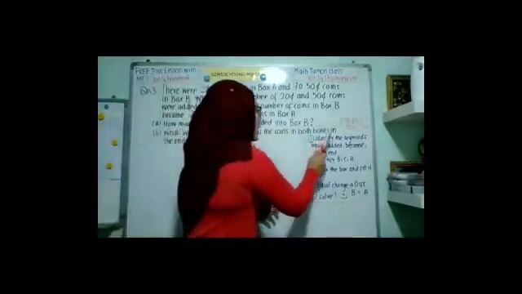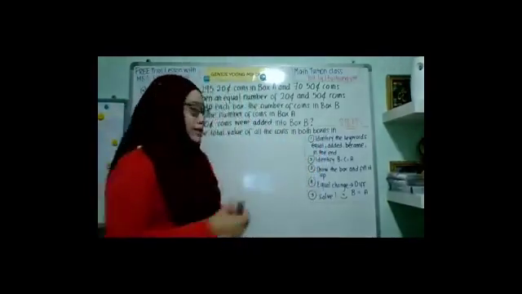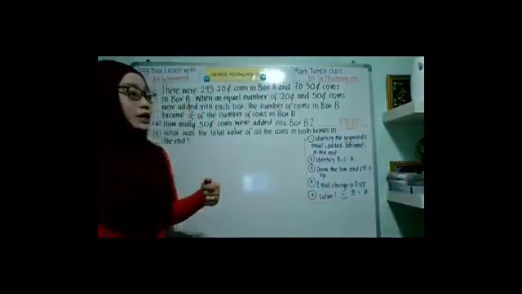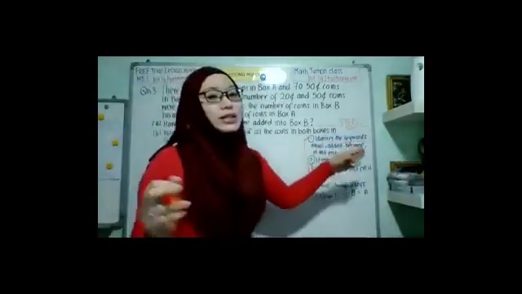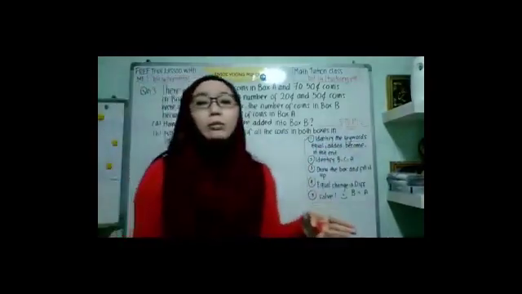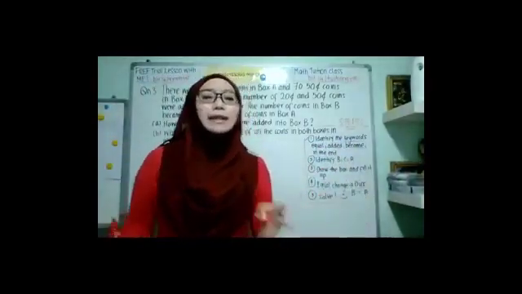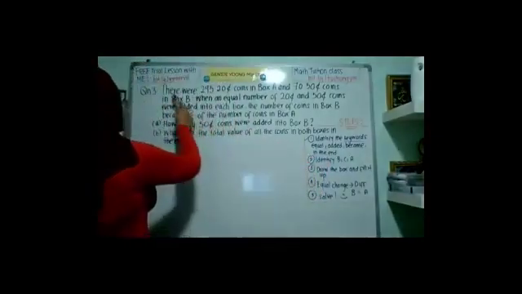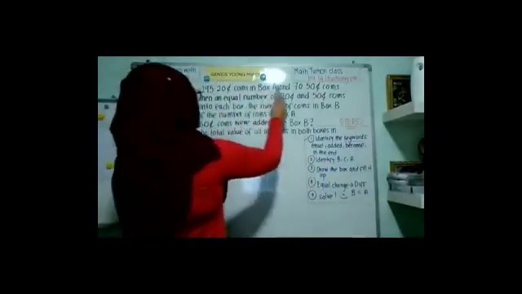The first step is to identify the keywords, right? When I focus on these keywords, the general keywords tell me in general what concept this is. So if we read this question, there were 95 20-cent coins and so on.